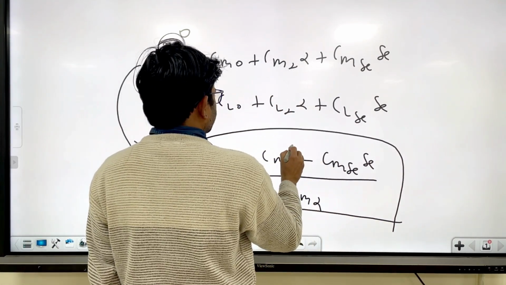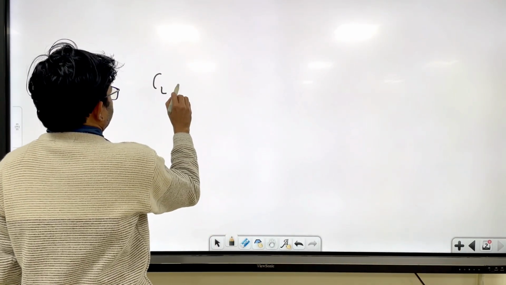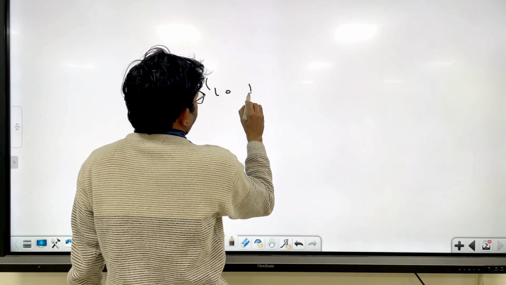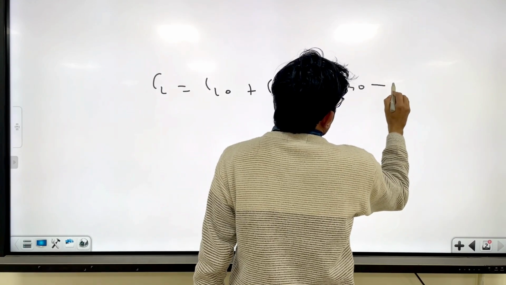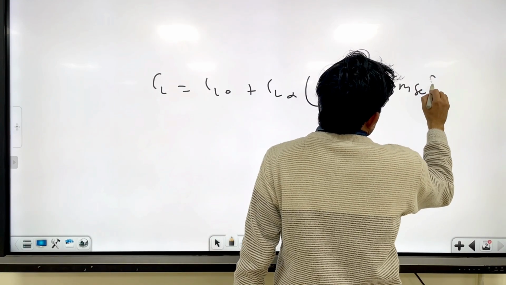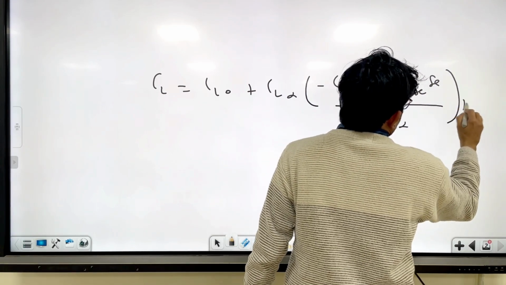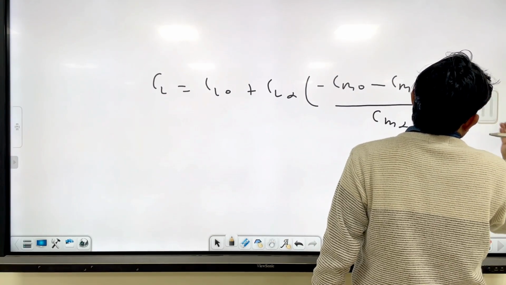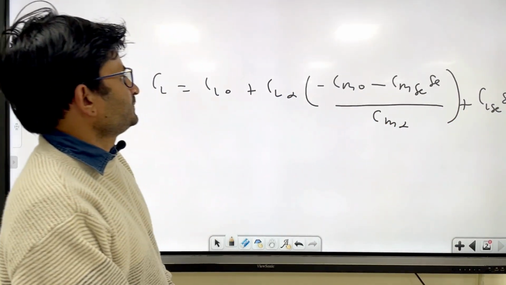Now you substitute this value in the Cl equation, and you will get Cl equals Cl naught plus Cl alpha into alpha, plus Cl delta E into delta E.